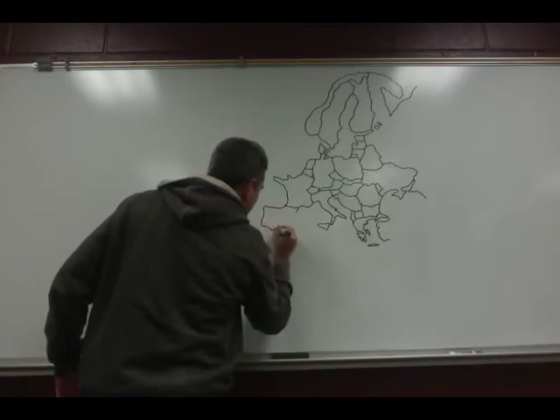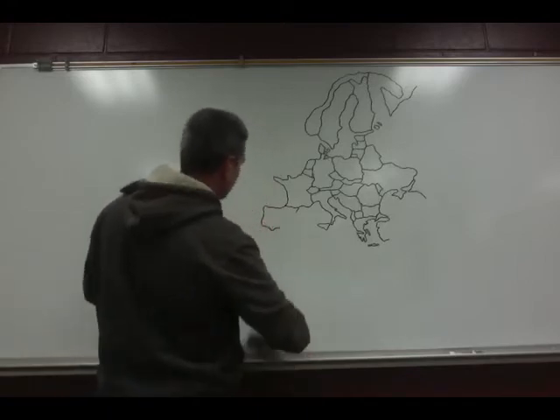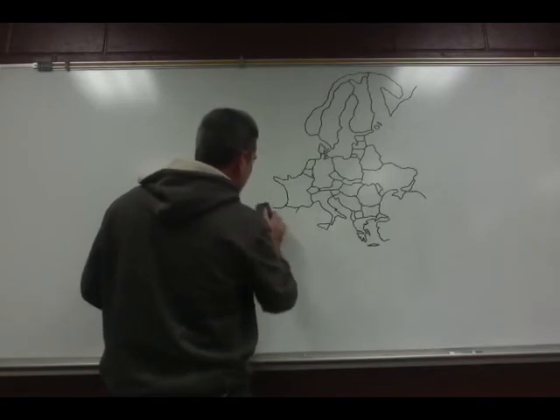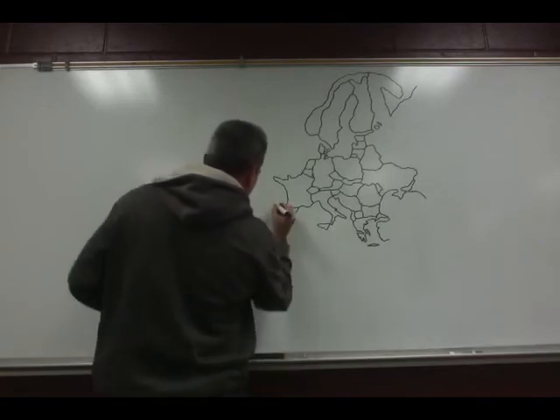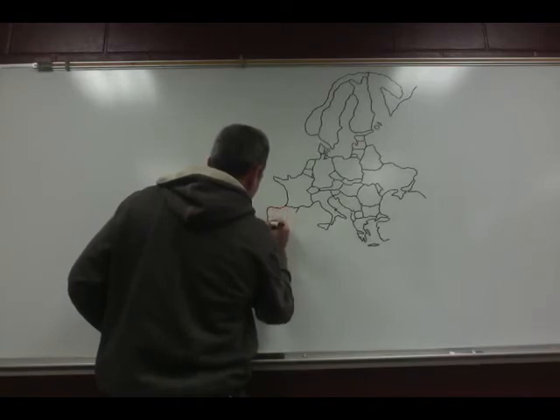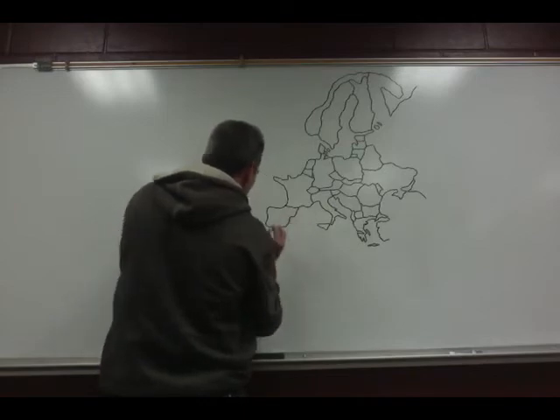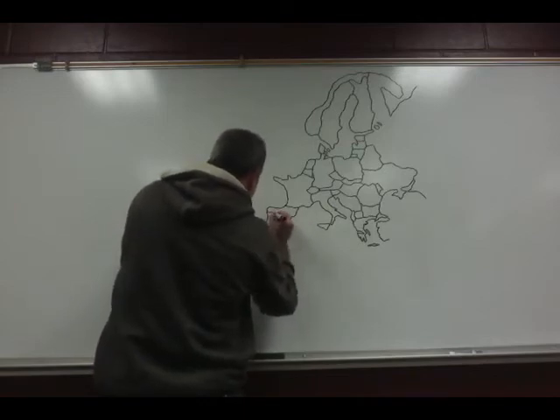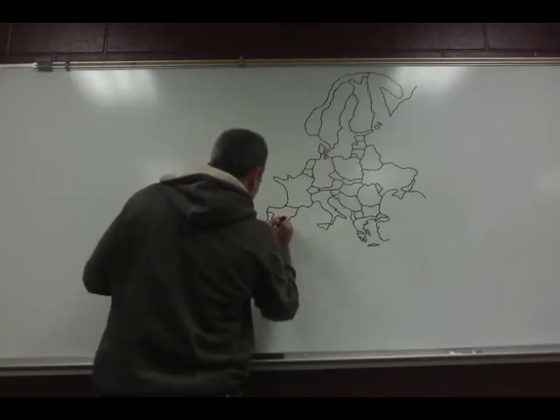There's Gibraltar. I see. I know where I mess up if I do certain things first. That was a mess up. The Atlantic coast went too far west, because Gibraltar should be right here so they can fit in with Catalonia, where Barcelona is. We're going to put Portugal in right here.